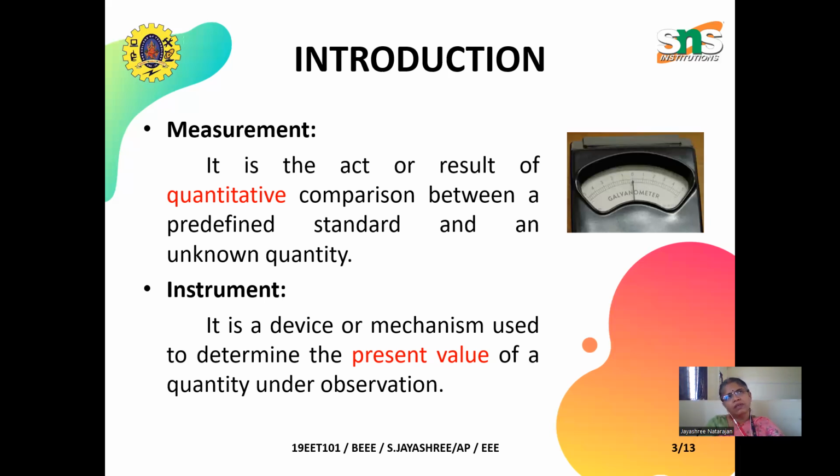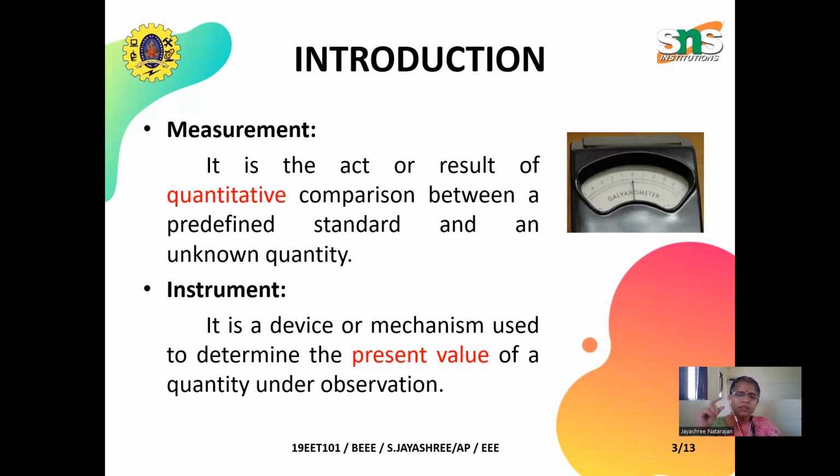Here, we are just comparing our height with the scale. The scale is nothing but a predetermined standard, a measuring tape, which is defined by various agencies all over the world.